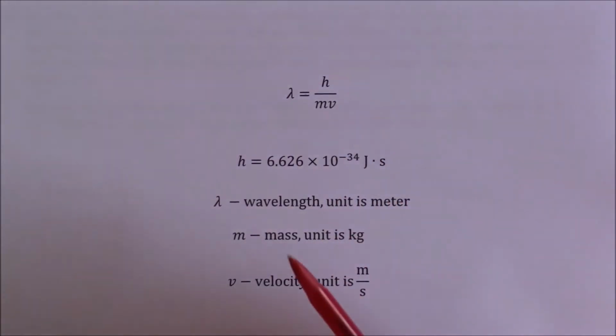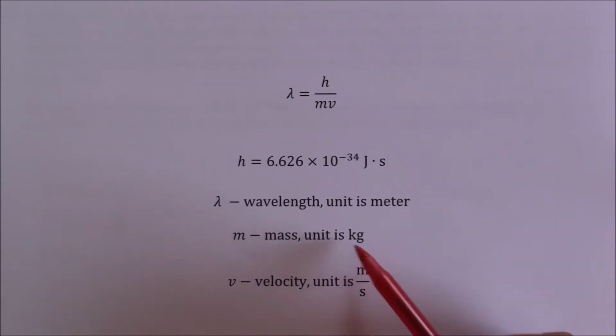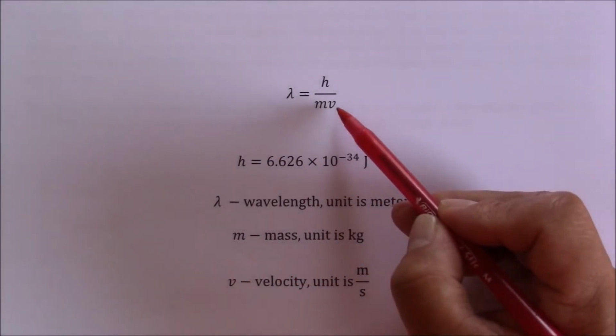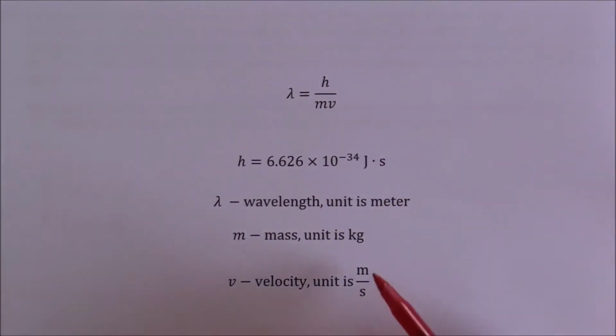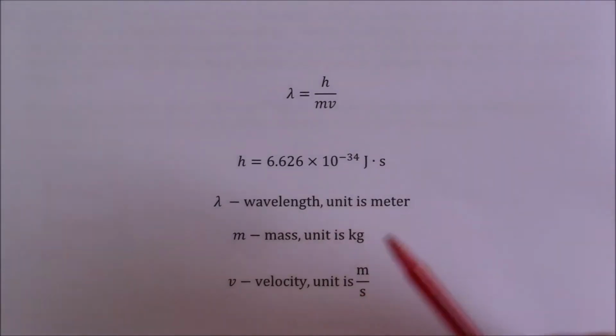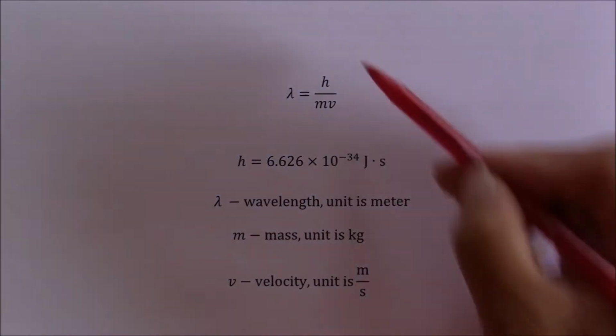The unit of the mass must be kilogram. V is the velocity of the particle. The unit of the velocity must be meter over second. If you are given different units for the wavelength, the mass, and velocity, please convert them to meter, kilogram, meter over second before you use this equation.